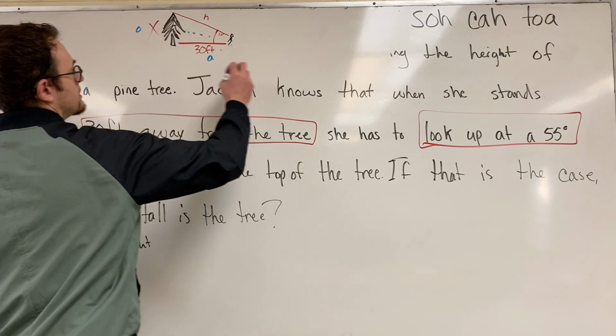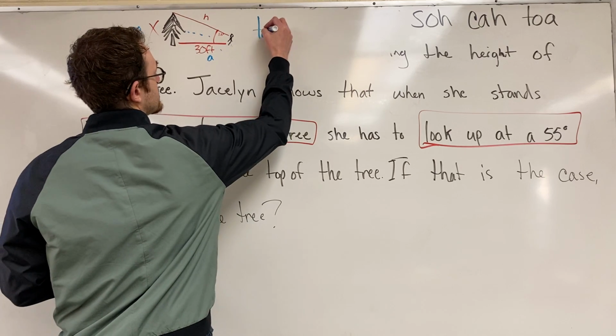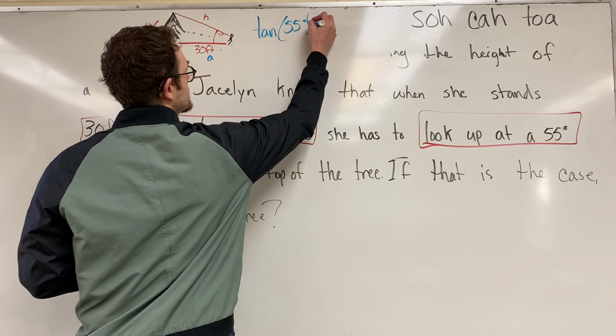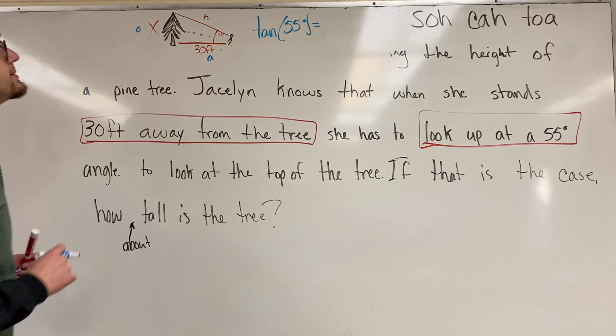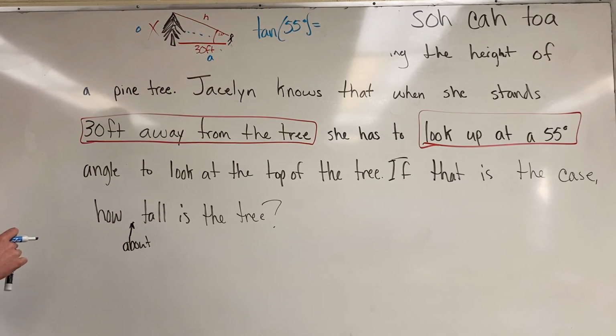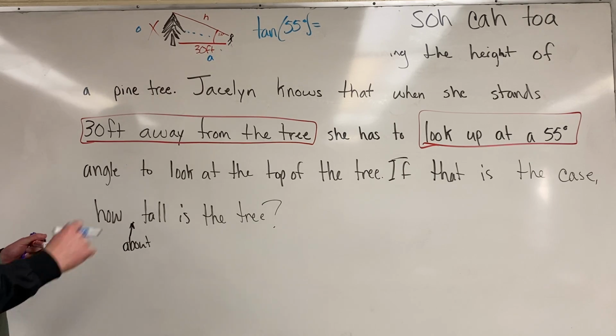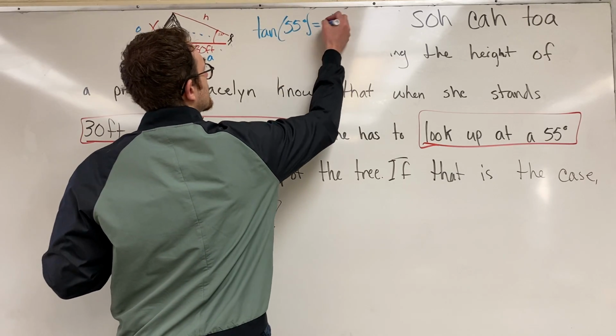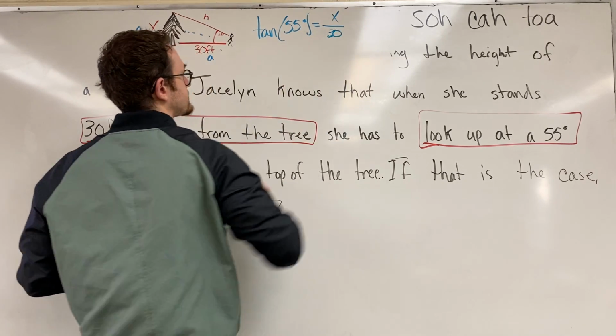This would be opposite. So we have tangent 55 degrees equals opposite over adjacent, so X over 30.